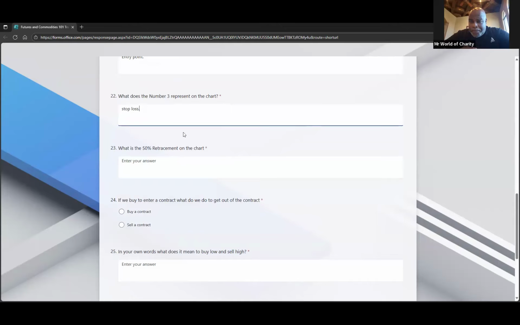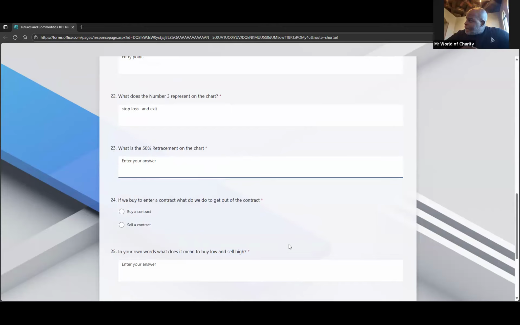What is the 50% retracement on the chart? The target. Yes, target point. Very good. If we buy and enter the contract, what do we do? What is the 50% retracement on a chart?